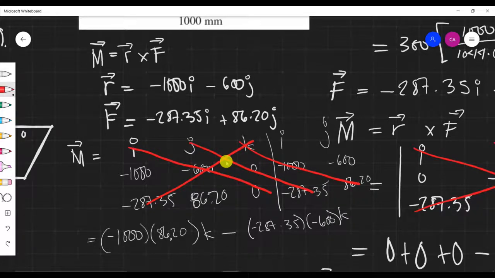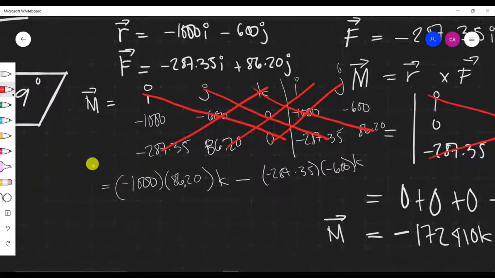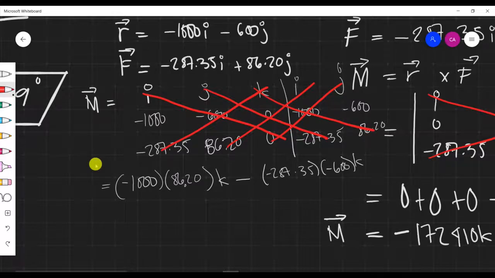Then, yung mga susunod na slash, 0, then 0. So, ibig sabihin nun, yung ating moment vector is equals to, ano yung sagot dito?